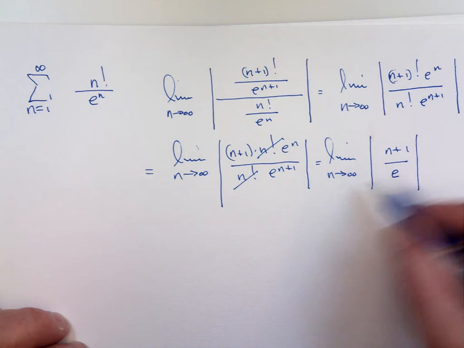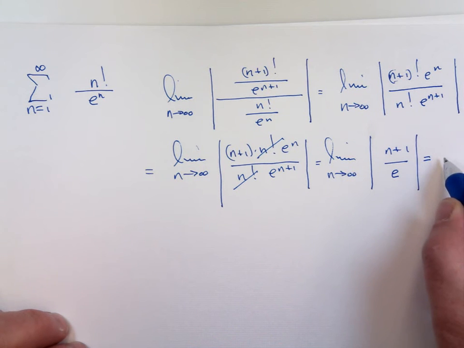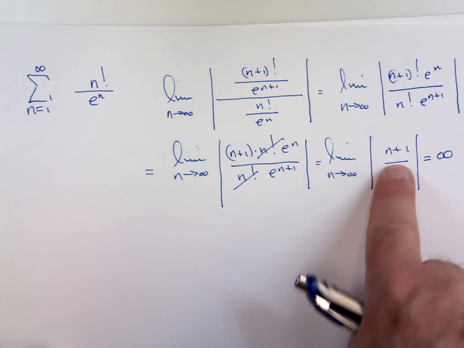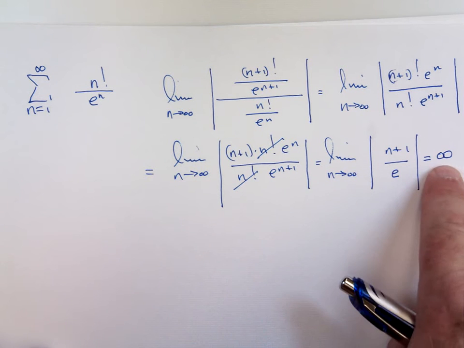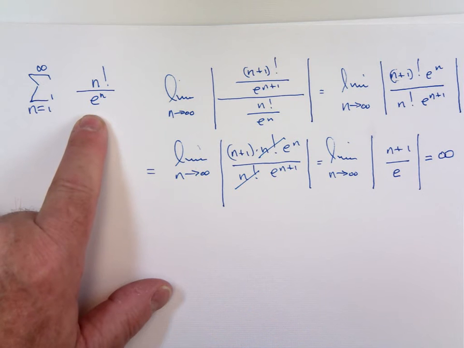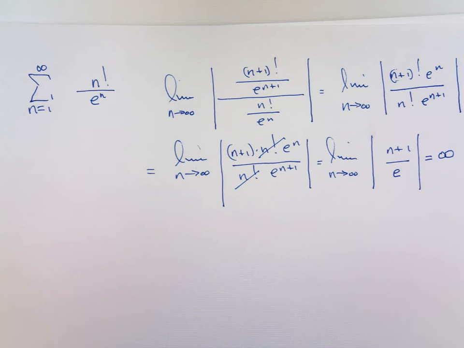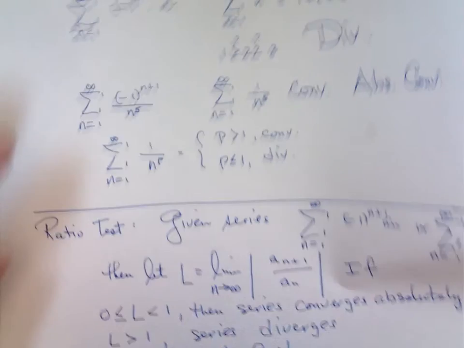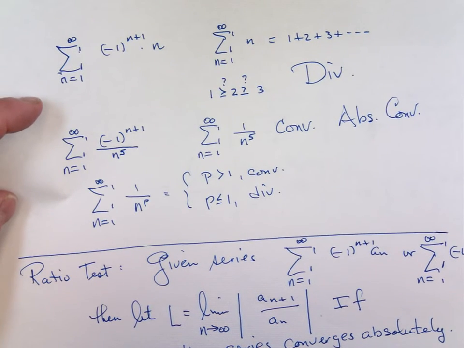It increases without bound. e is stuck at 2.718281828 whatever it is at the end there. But n is increasing. This goes to infinity. What does that tell you about the series? Since this is going to infinity, which is greater than 1, the series will diverge. Therefore it diverges.